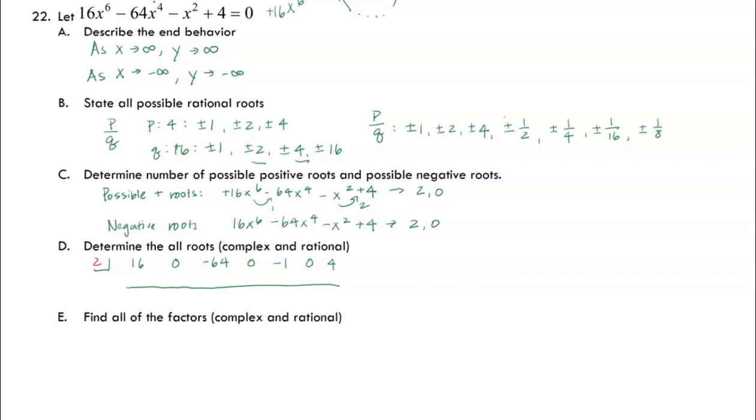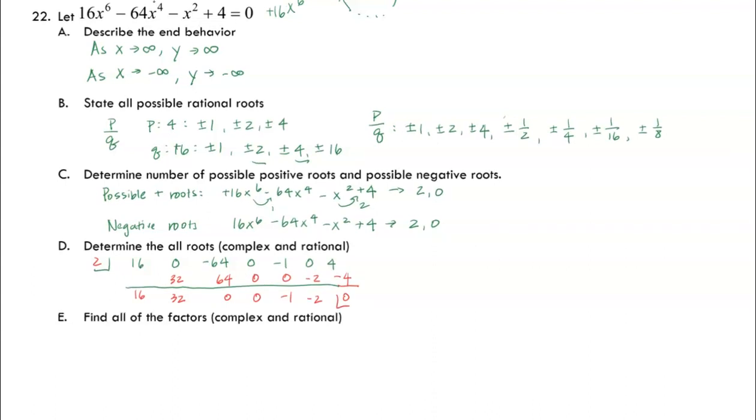I'm going to try 2. 16, 16 times 2 is 32, 32 times 2 is 64. Then 0, 0, 0, negative 1. Please work. Negative 2. Negative 4 and 0. Yes.